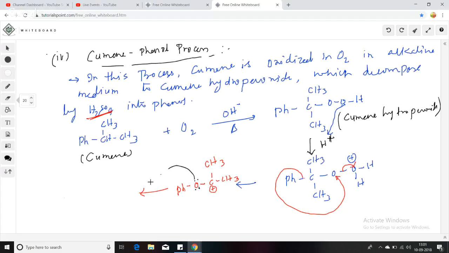From this H2O, H plus comes out, and OH attaches onto this positive charge carbon atom that you have.